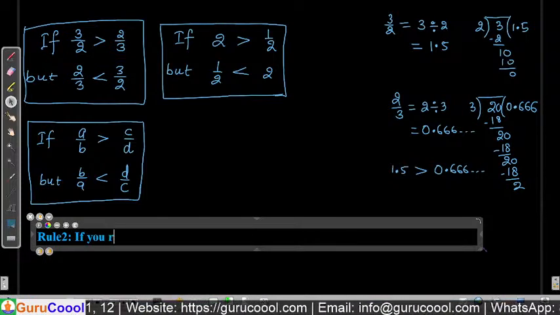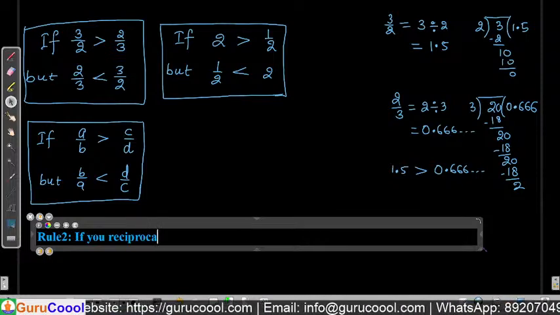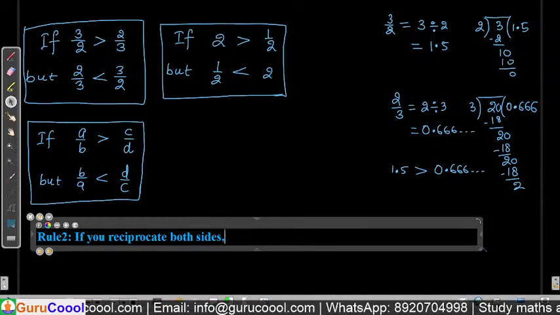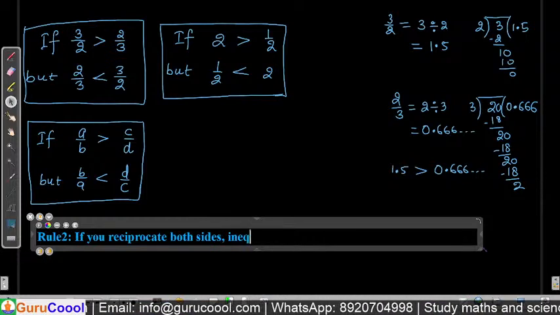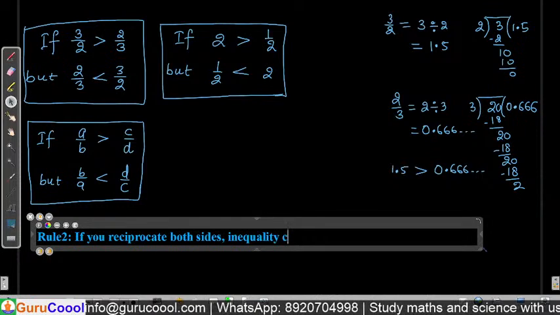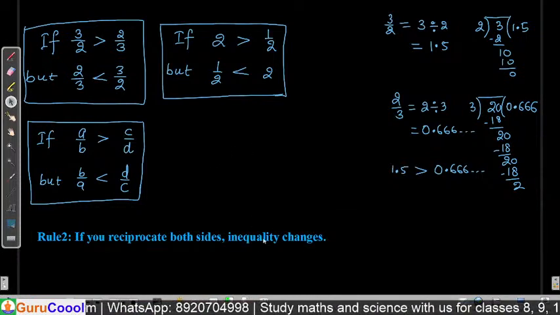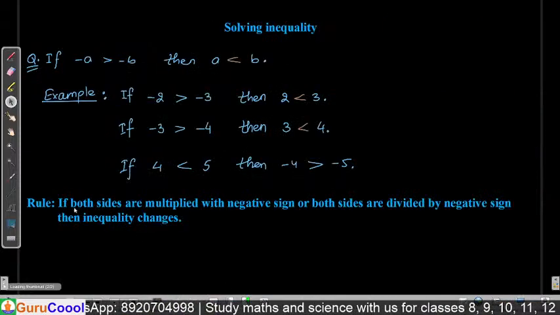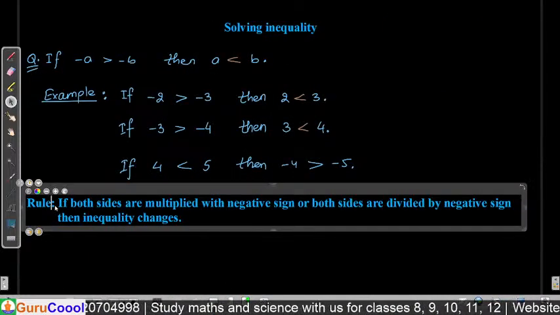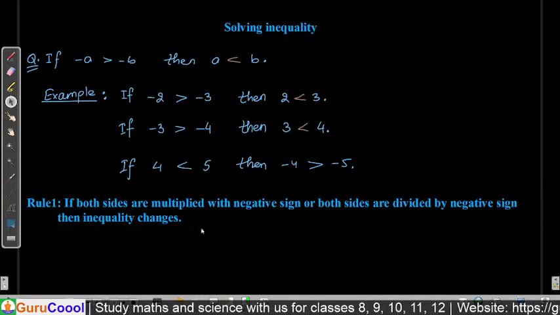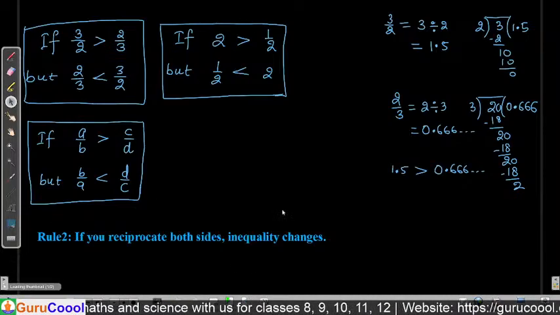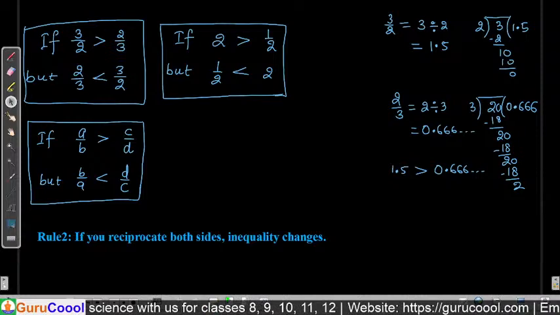If you reciprocate both sides, the inequality changes. This is rule 2. It was rule 1 on the first page. So can you tell me both the rules I taught?